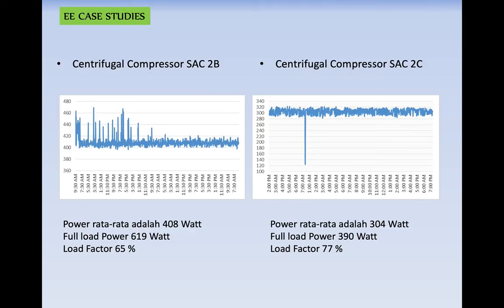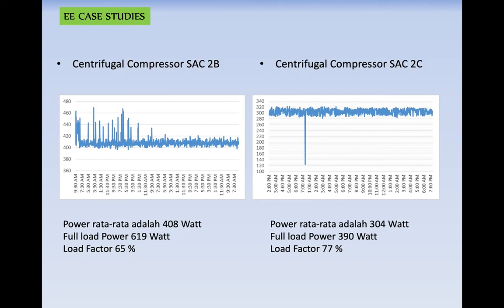And then the other graphs come from compressors 2B and 2C. These compressors are situated in another compressor room. As I mentioned earlier, this power plant has two compressor houses, and in compressor house 2 there are also two turbo compressors, SHG2B and SHG2C.